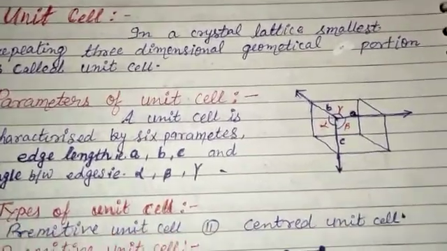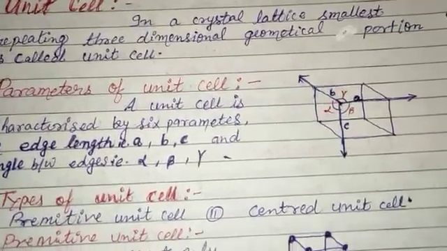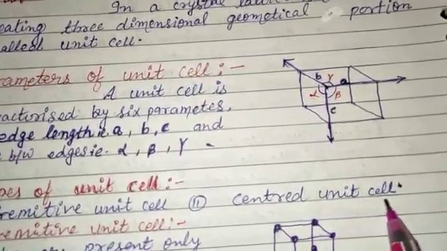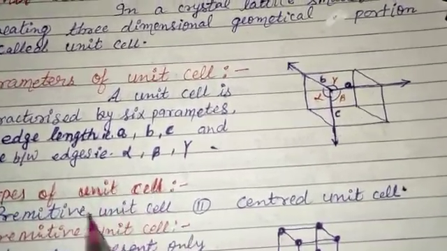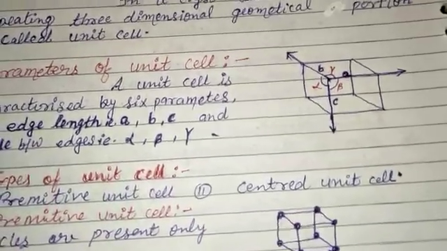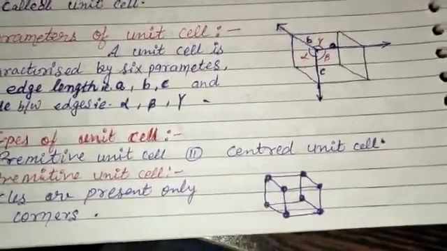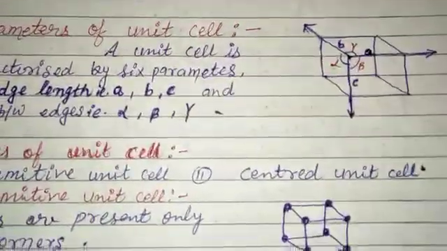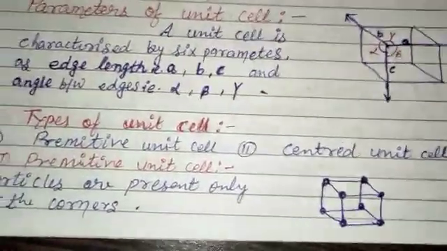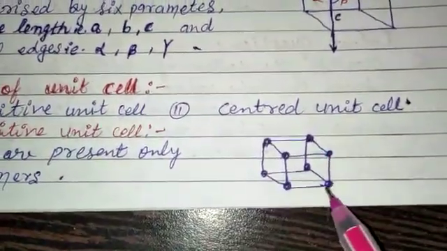Next, there are two main categories of unit cell, known as the primitive unit cell and the centered unit cell. In the case of the primitive unit cell, or simple unit cell, the particles are present only at the corners.